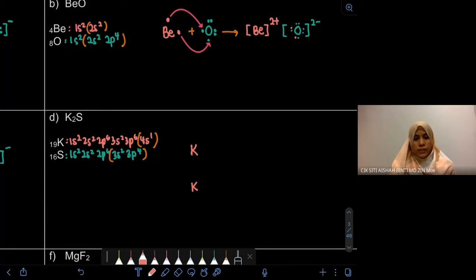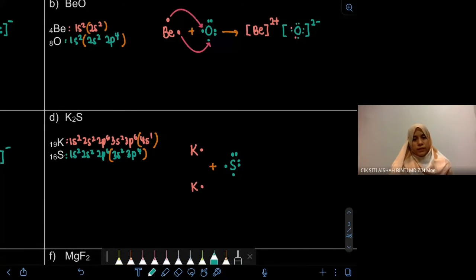Each of our potassium only 1 valence electron. 1 here, 1 here. Tulis atas pun boleh juga. Pluskan dengan our sulfur. Okay, there's only 1 of our sulfur. So satu sahajalah. S dot. Okay, make sure yang satu-satu dulu. 1, 2, 3, 4, 5, 6.